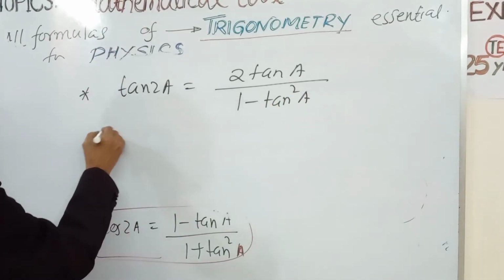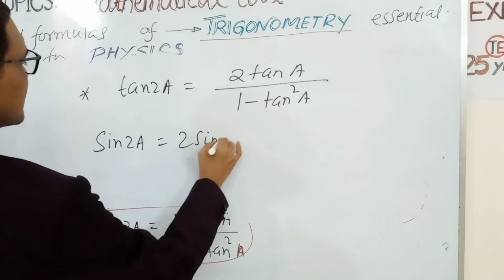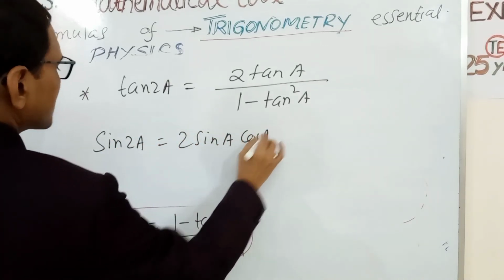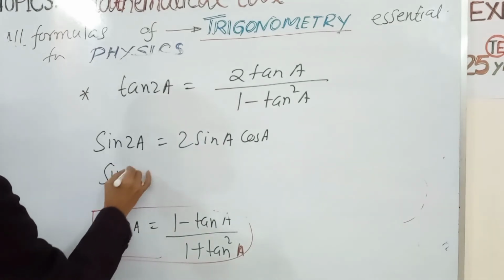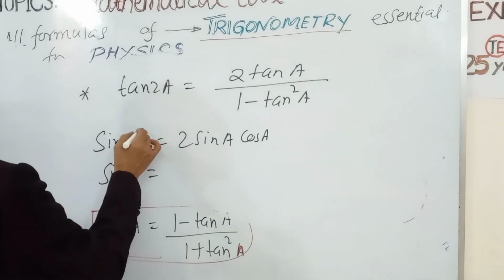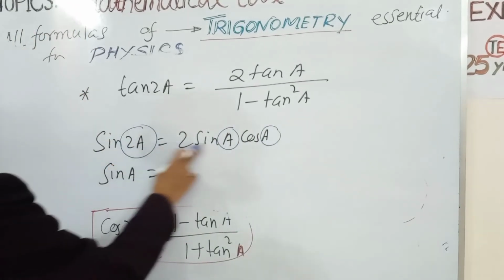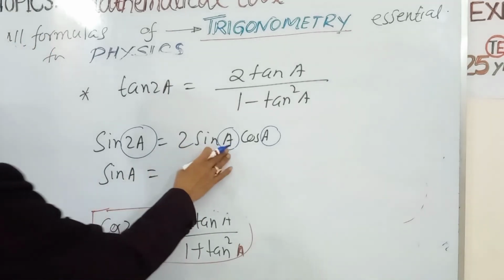Now if we know sin 2a equal to 2 sin a cos a, you notice that on the left side the angle is 2a, and on the right side the angle is a. That is, the angle becomes half on the right side.